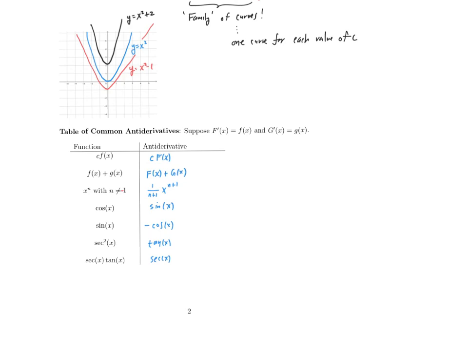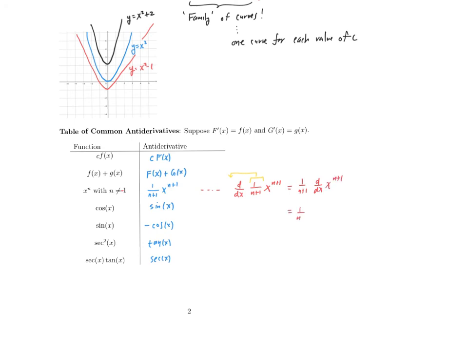And just to verify that this is true, when we differentiate 1 over n plus 1 times x to the n plus 1, this 1 over n plus 1 is a constant and can be pulled in front of the derivative. And the remaining derivative is x to a power.